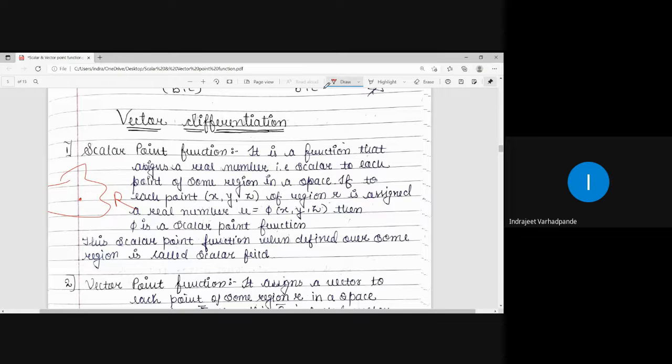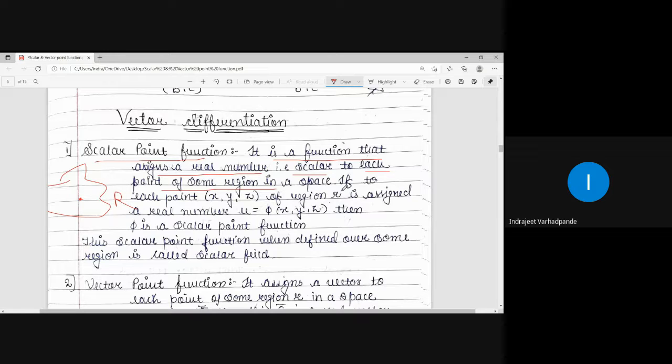So what do we understand by scalar point function? It is a function that assigns a real number, meaning a scalar quantity, to each point of some region in space. If this is a particular point, it is assigned a real number or a scalar quantity lying in this region of space.